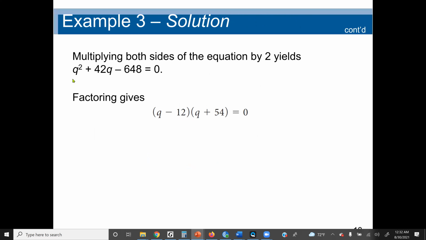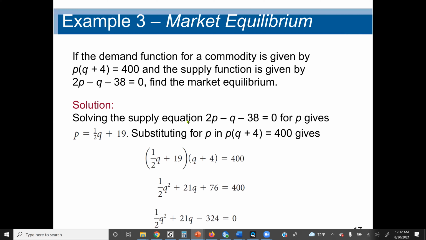Again, if you can factorize it, that's fine. So we factorize it. First of all, when we look at the equation, we can see that we have half Q squared. If I want to factorize this, I don't want to use half. It's always good to have 1 here.